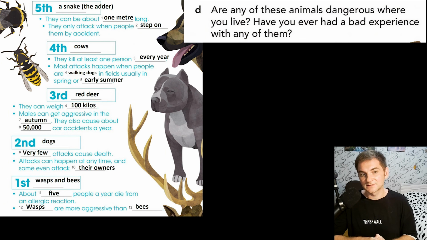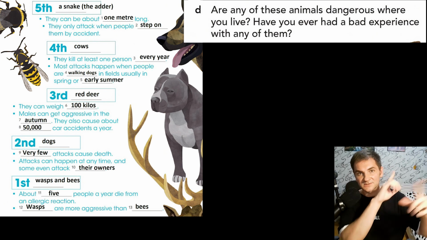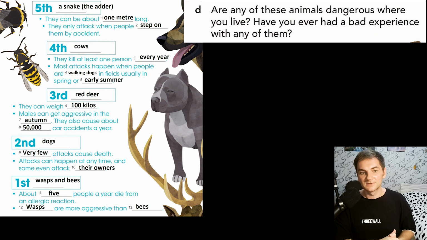Wasps and bees, of course, they're a pain in the neck. Sometimes literally. I always forget that wasps exist, but when I go swimming, hello, those things start swirling around. And speaking of my bad experience, I can't remember any.